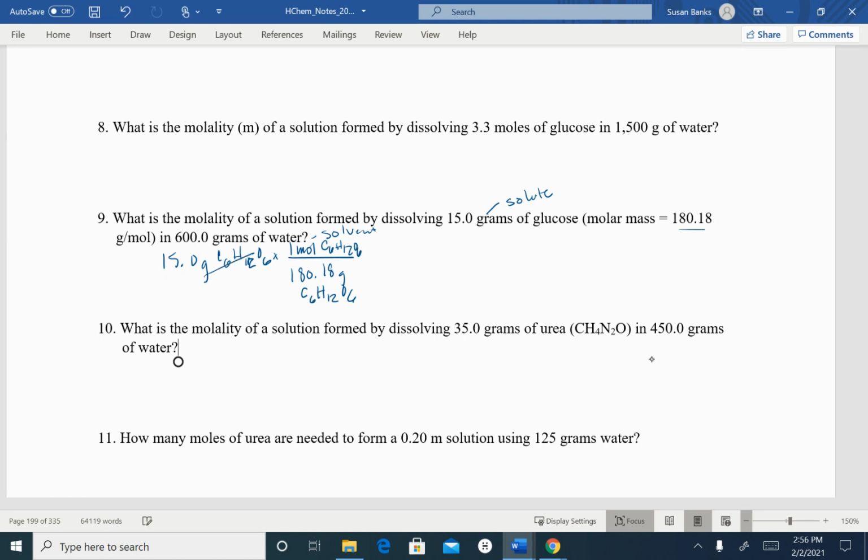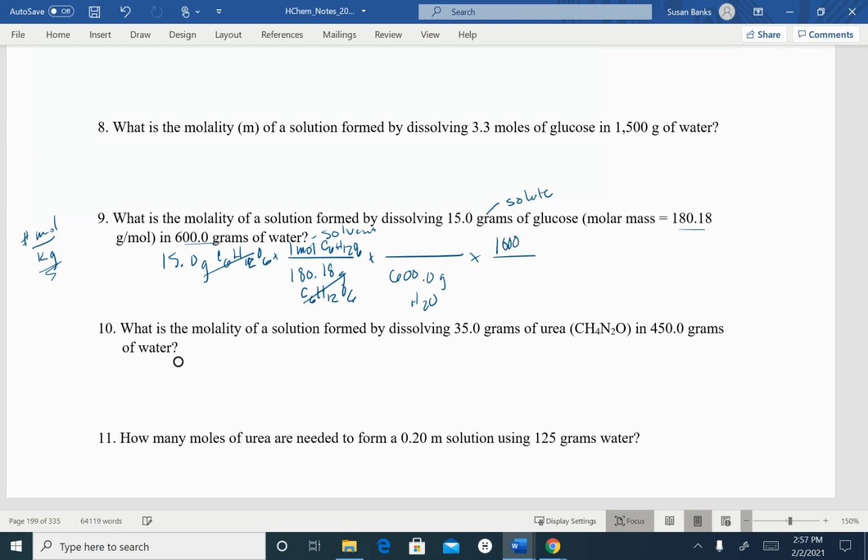So my grams cancel out. I'm into moles. So I have moles on top like I want, right? Now, I have 600 grams of water, but I don't want grams, I want kilograms.